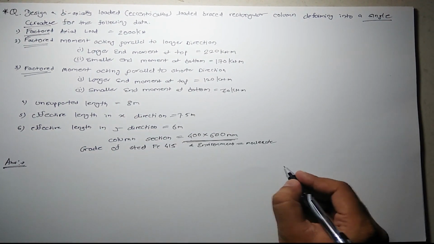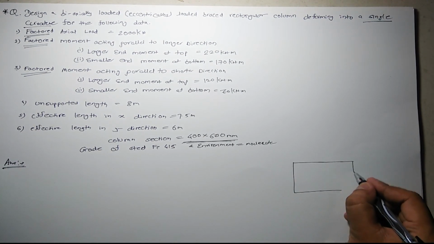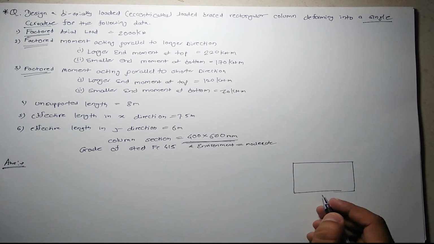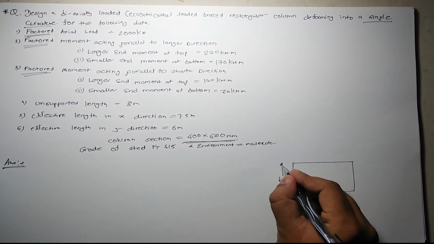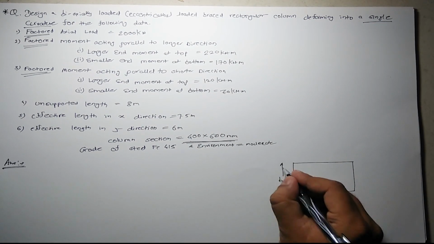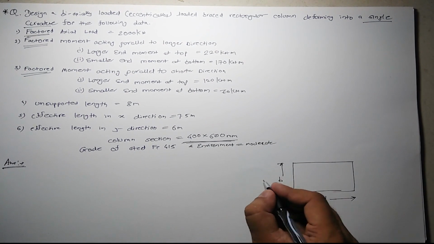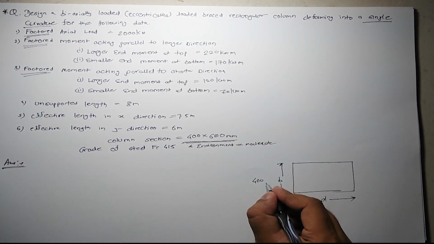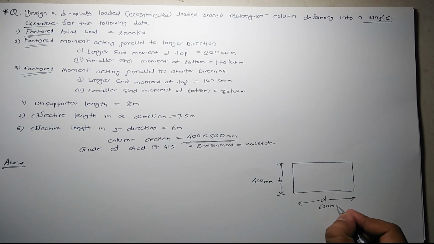I'll draw the typical sketch of this. This is the column, where the smaller dimension we assume as b, and this is D, so ultimately b equals 400 mm, and D is 600 mm.